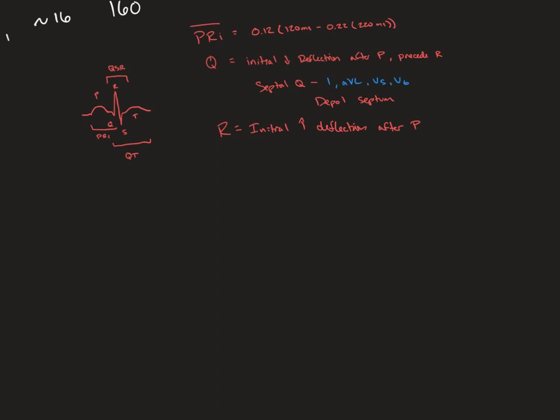Because a positive deflection in EKG means electricity is moving toward the lead. The lead is looking at the heart at a certain angle, and when the electricity moves toward that lead, that's when you have a positive deflection, right?